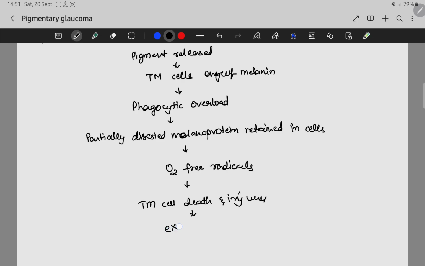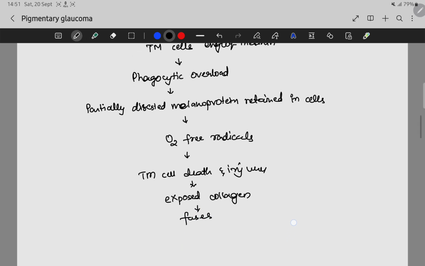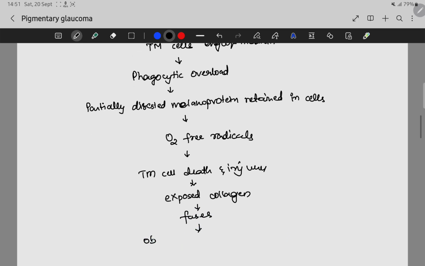So the collagen is getting exposed. It then fuses, obliterates the outflow channels.